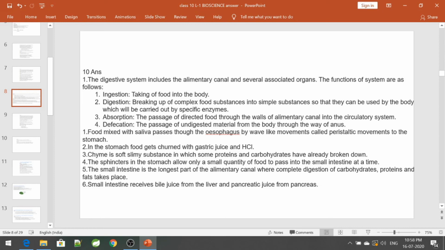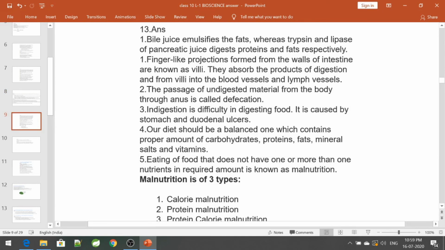Okay, this is the whole process of the digestive system of a human alimentary canal. What are the processes? We call them ingestion, digestion, absorption, and defecation, and how the food passes from the mouth to the anus, where bile juice emulsifies the fats, whereas trypsin and lipase of pancreatic juice digest proteins and fats respectively.